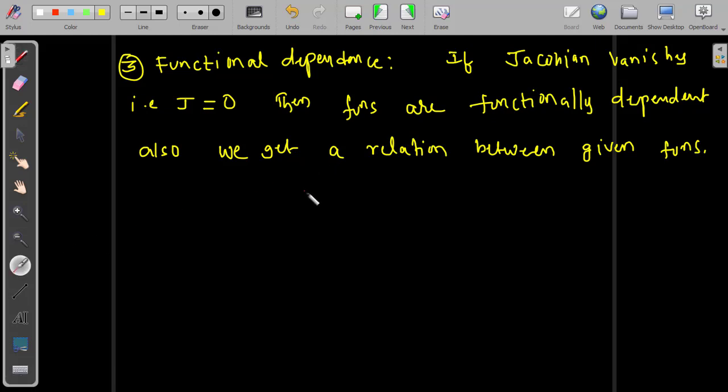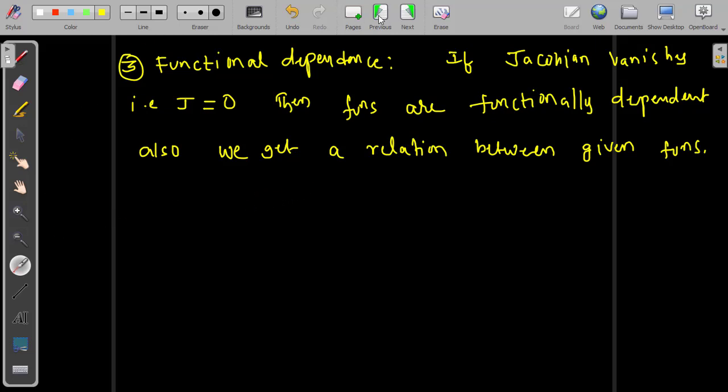Whenever J is 0, we can find a relation between the given functions, which means one function can be expressed in terms of another function. For example, if u, v are functionally dependent, we can express u as a function of v, or v as a function of u. We can see this in problems.